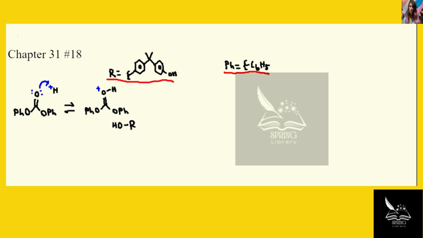It's much more time and space efficient to omit the majority of this molecule that's not going to do anything in this reaction. A lone pair on that phenol is going to attack the carbonyl carbon. These electrons will kick up to the carbonyl oxygen. That is going to be the formation of our tetrahedral intermediate.